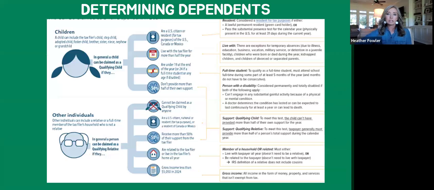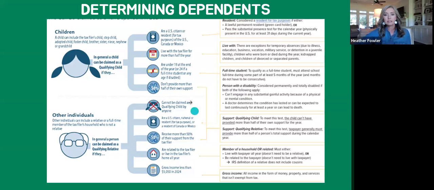Okay, and then for determining dependents, this is a link to a document that will help you determine who can be claimed as a dependent. Most of the time, people know who they're claiming as a dependent for that year. It's most likely going to be their child, and it's pretty cut and dried. But other individuals can qualify as dependents. Perhaps they might have a parent that lives with them and they provide for that parent.